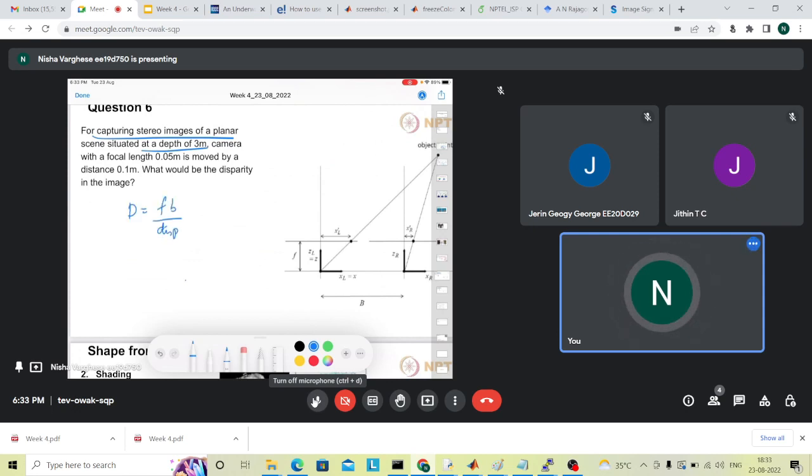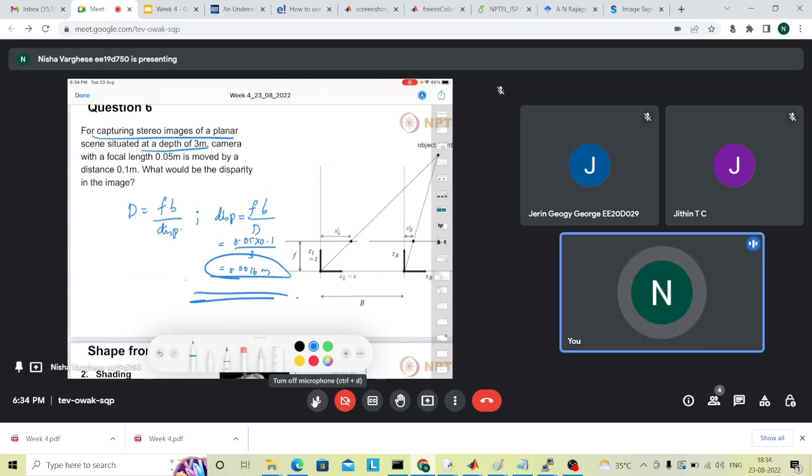So disparity will be F into B by D, which is 0.05 into 0.1 by 3, to get 0.0016. We can convert it to pixels if the pixel resolution is given. So this is about stereo.